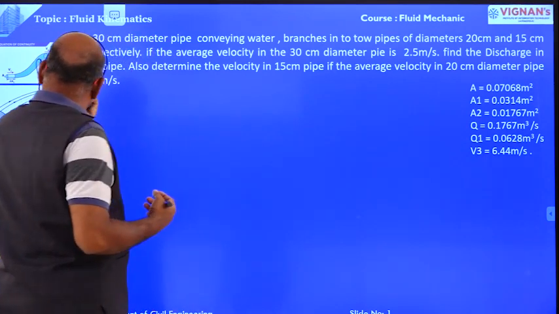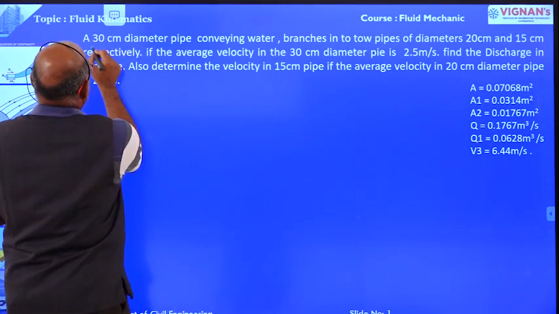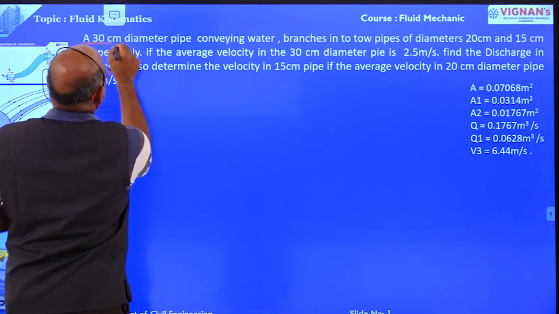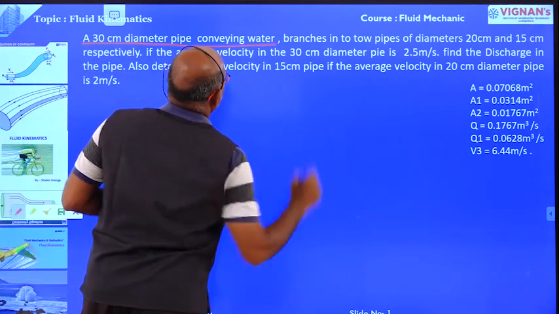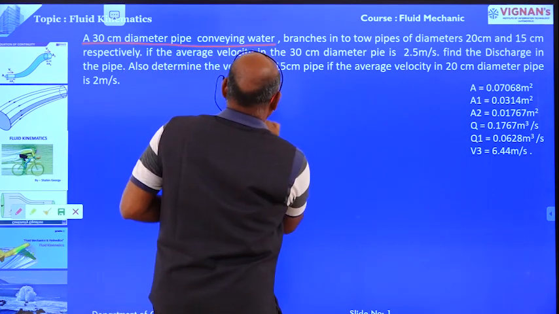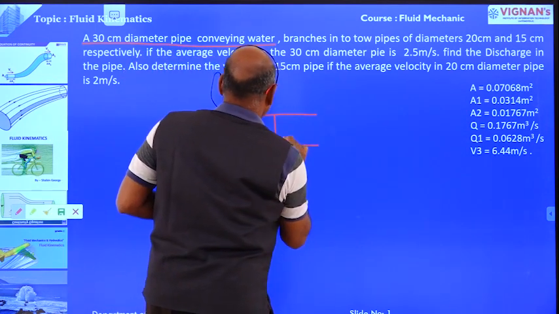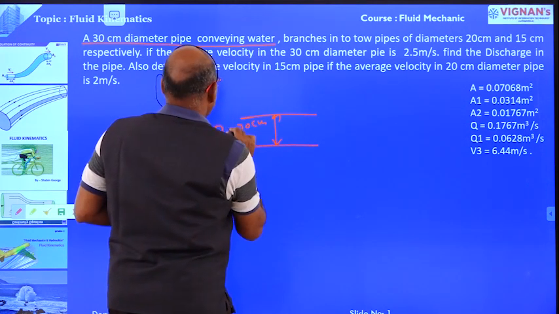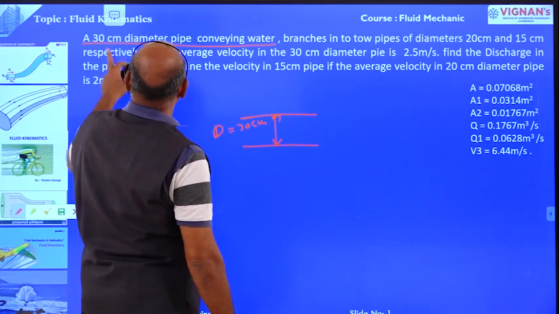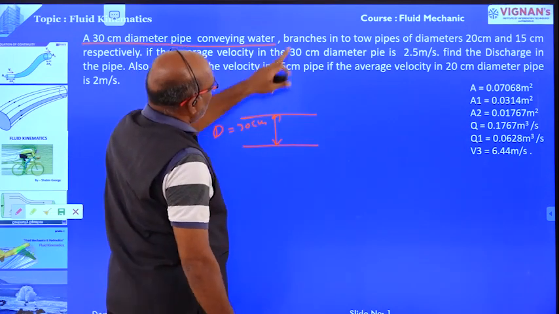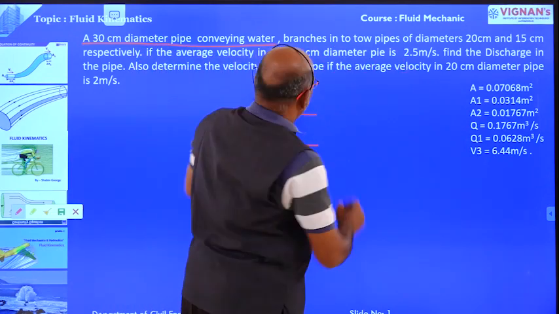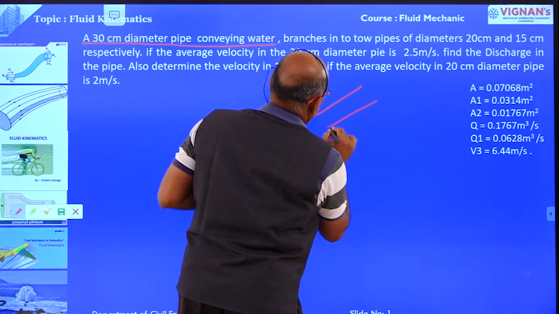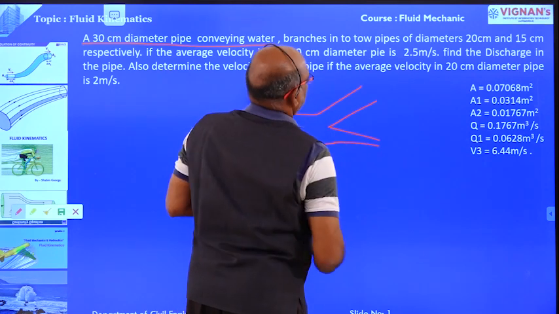Right, in this problem, a 30 centimeter dia pipe conveys water. That means suppose this is a 30 centimeter dia pipe, where D is equal to 30 centimeters, conveying water. It branches into two pipes, that divides into two pipes, like this.